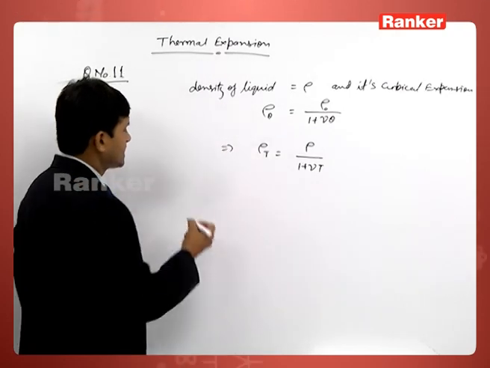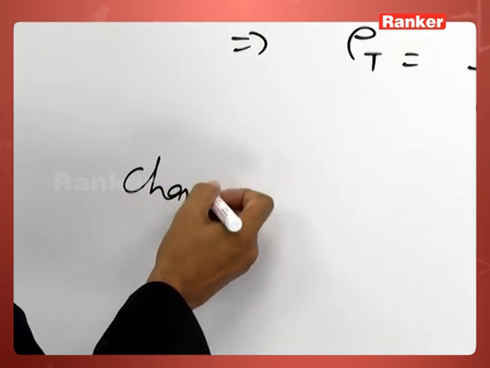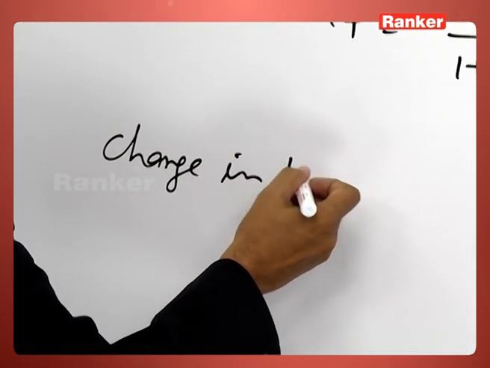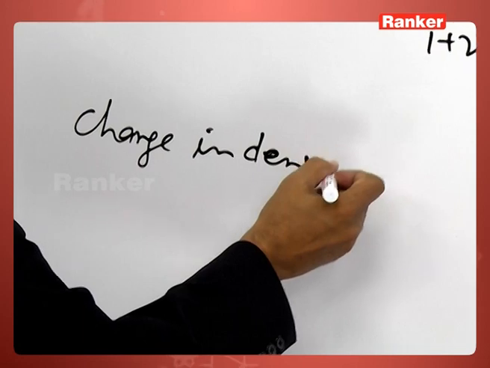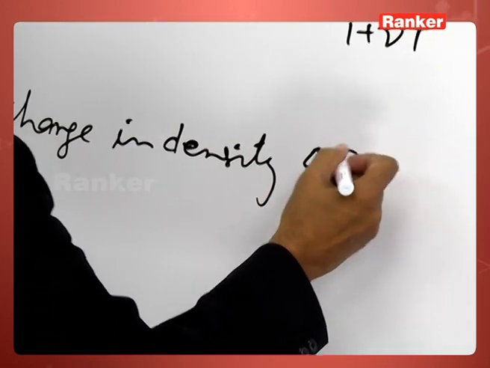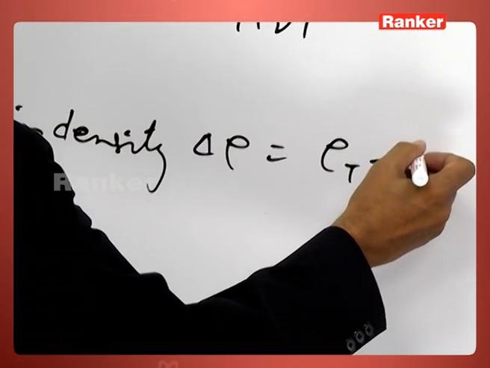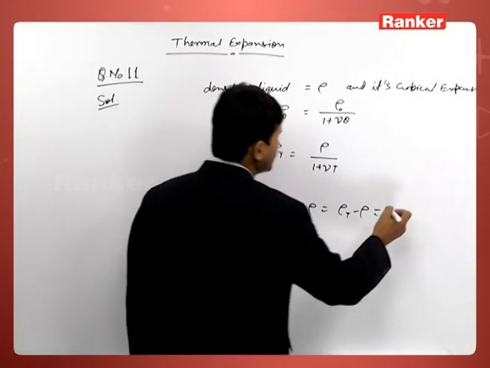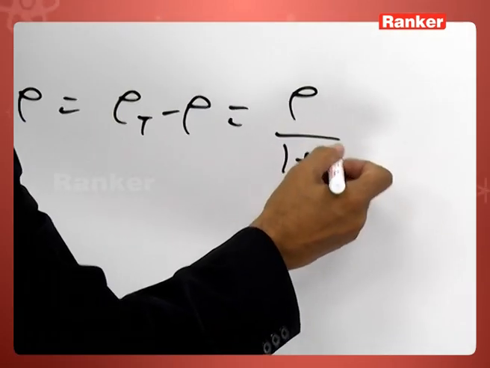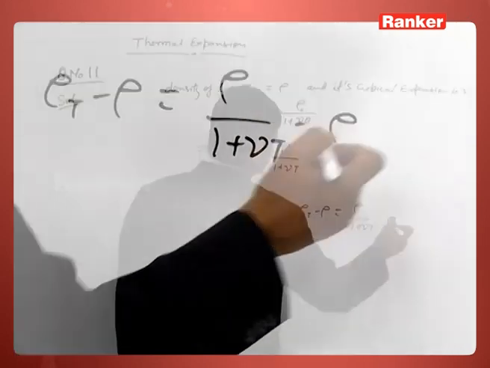So change in density, delta rho, is rho T minus rho. So rho T is rho by 1 plus gamma T minus rho.